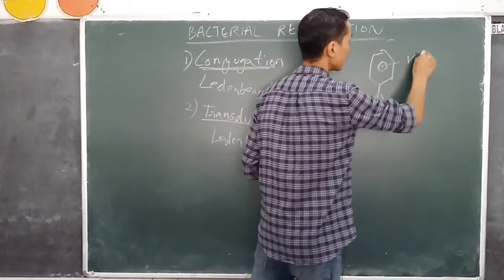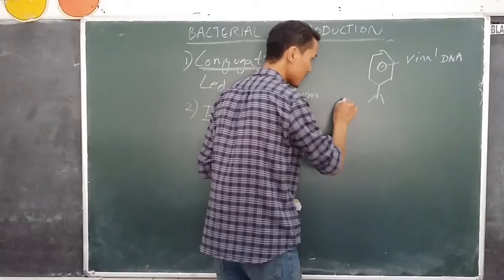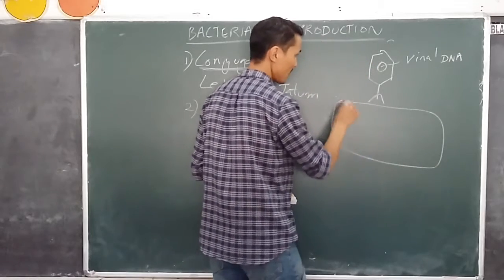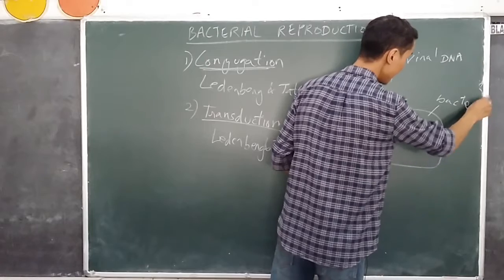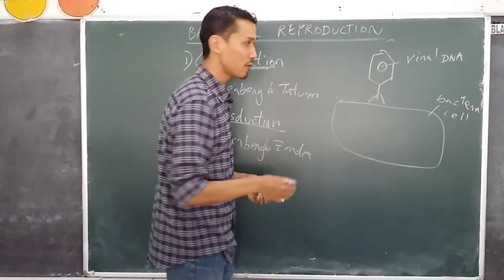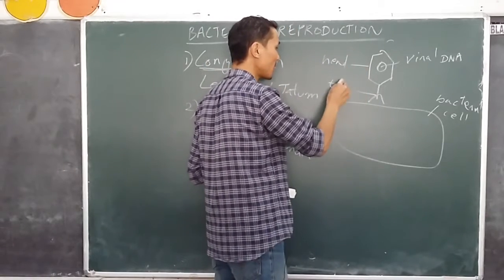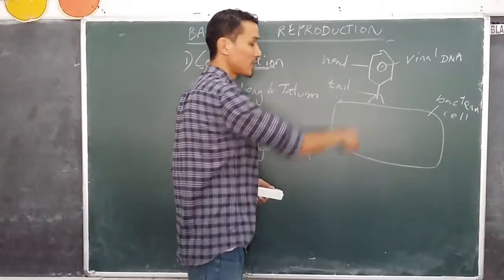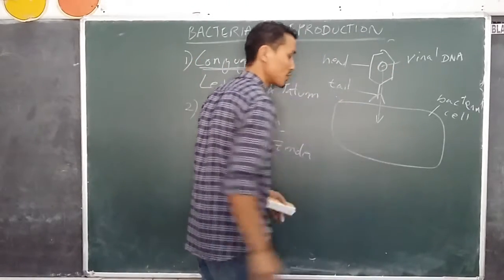This is the viral DNA. This is the bacterial cell. So when we talk about bacteriophages, they consist of 2 parts, the head and the tail. The tail connects with the bacterial cell and only the DNA is inserted.